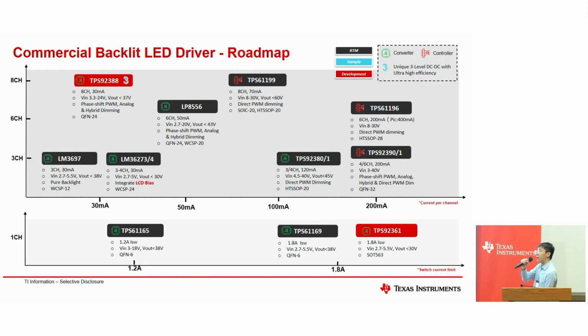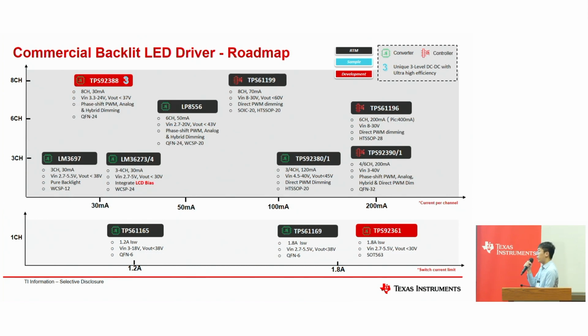On the commercial side, it's more for television or PC gaming monitors. We also have very good portfolios or devices that can handle the design specs. The top half ones are for multi-channel. You can see the y-axis is increasing from 1 channel to 3, 6, and 8 channels.